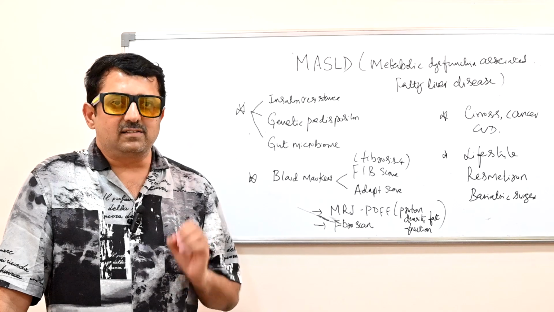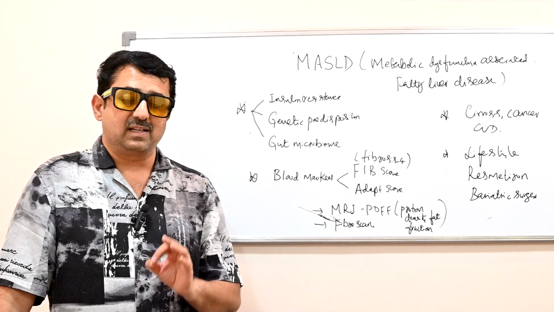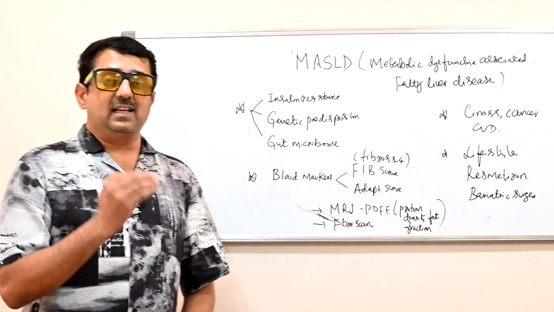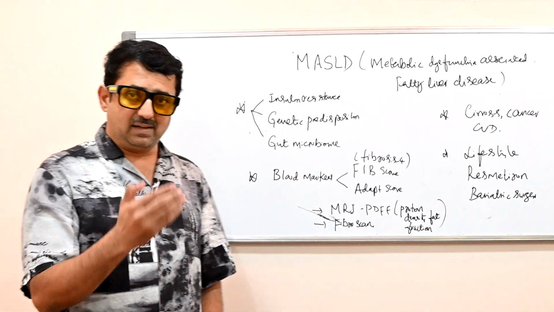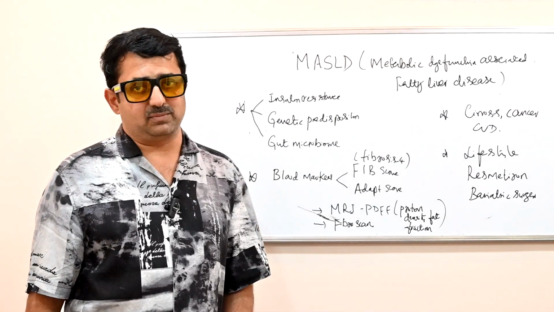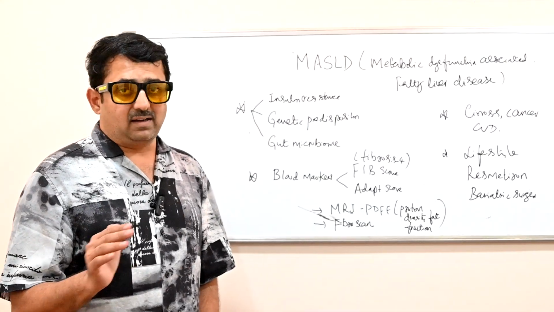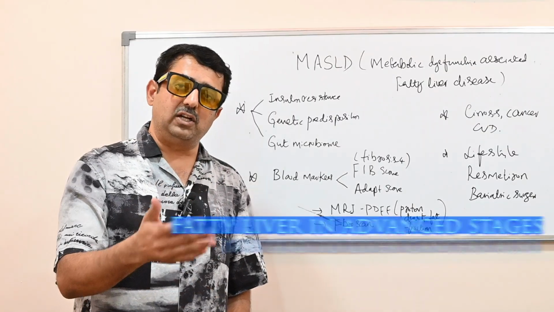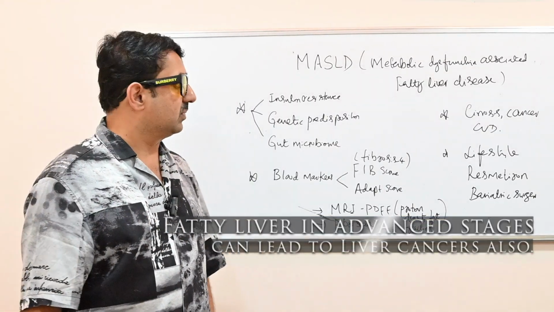Fatty liver itself may not cause you any symptoms, but it is part of a metabolic dysfunction which increases the chances of developing diabetes and other medical problems. And in advanced stages, fatty liver can also lead to liver cancers.